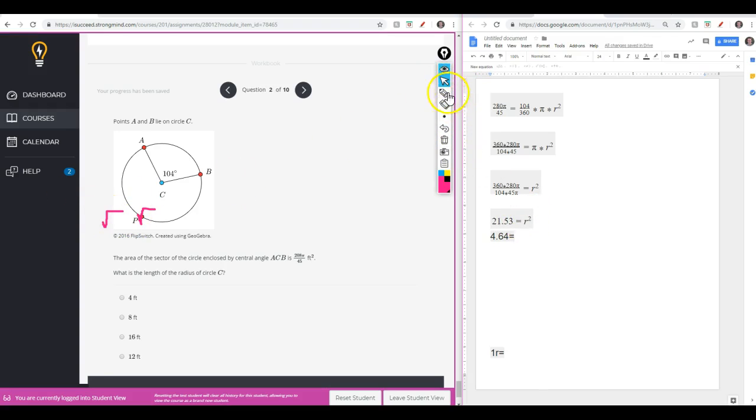So the square root of 21.53 is 4.64. The square root of r squared is just r. So we did reach our goal, because again 1r is just most commonly written as r. So the length of the radius rounded is 4 feet.